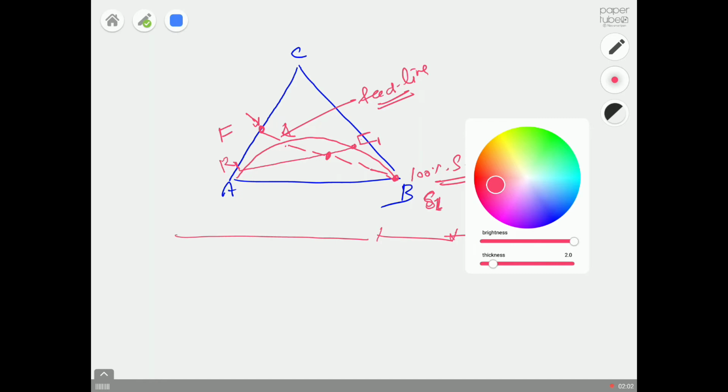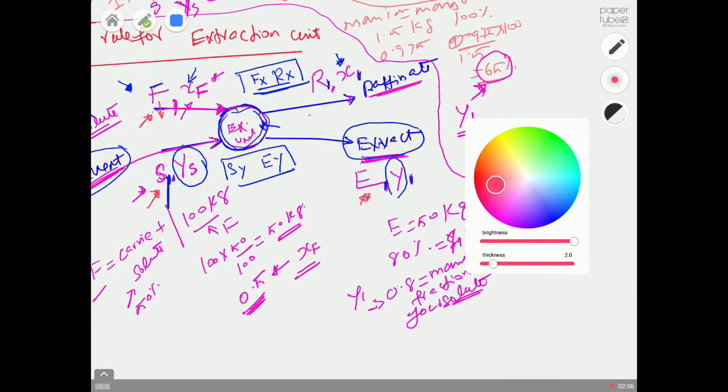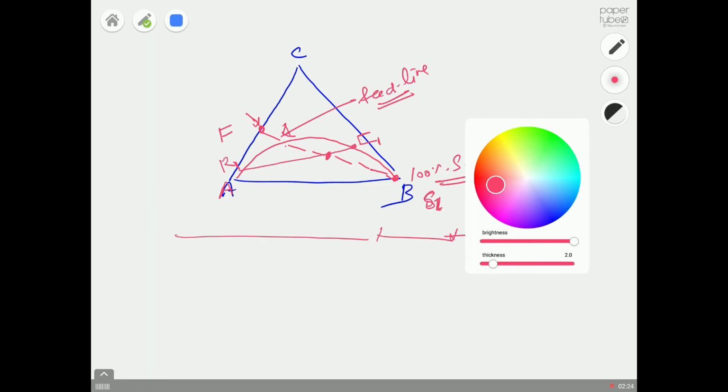If we come back to this diagram, we have E1, we have R1 here. They are connected with your tie lines, E1 and R1.